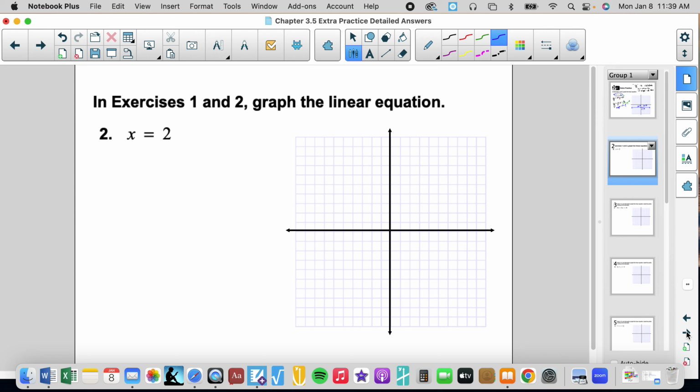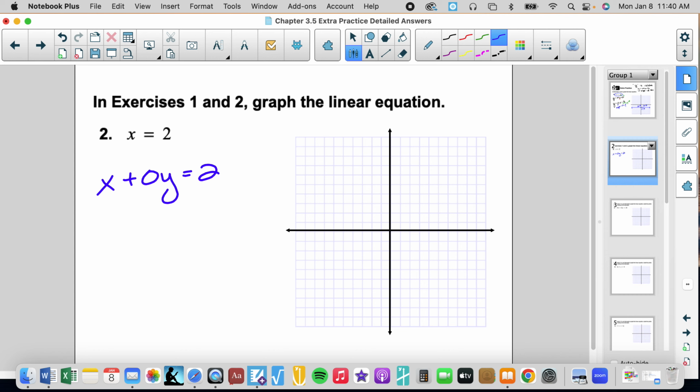Now we have x equals 2. This is not in slope-intercept form. This technically is in standard form because technically you have x plus 0y equals 2.